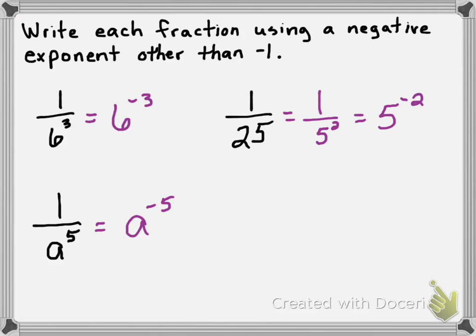The only thing a little bit different about variables is if you just had the a, kind of like this 25, then there's no way to really change the exponent because you don't know what a is, so there's no way to find out what that is squared or something like that. But you won't have to worry about that. There'll always be an exponent, and you just change it just like you did on this one up here.